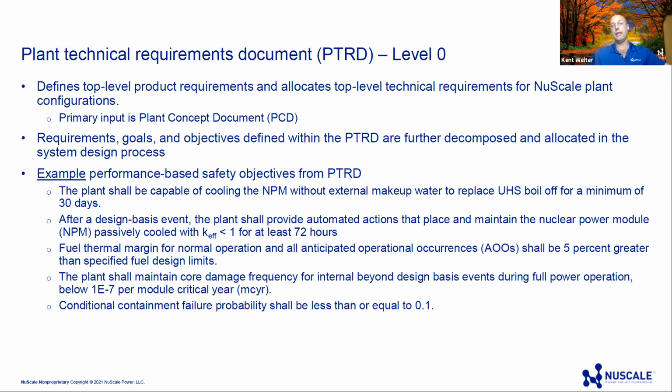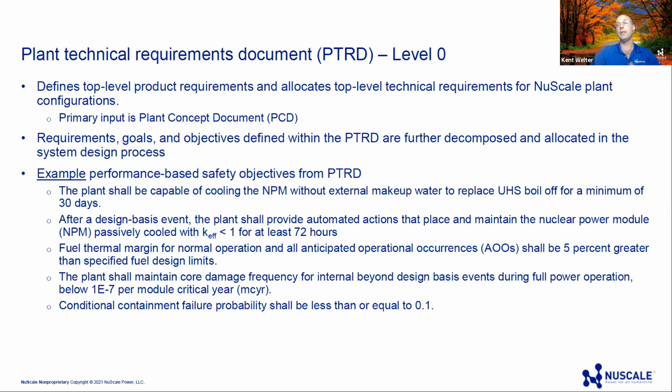We actually have a separate document that serves as a primary input. Systems engineering relies on systems engineering best practices to identify and elicit stakeholder needs, goals, and objectives, and we do that through something called a plant concept document, or PCD.